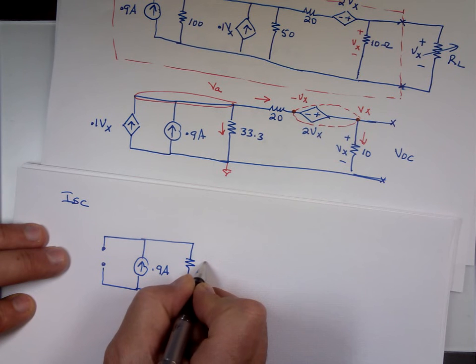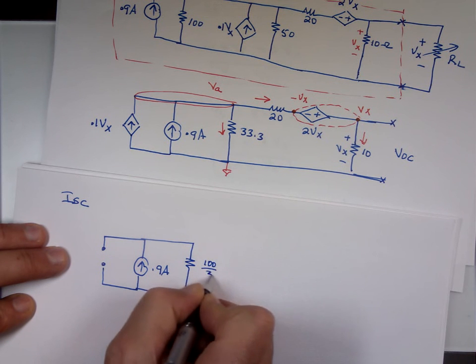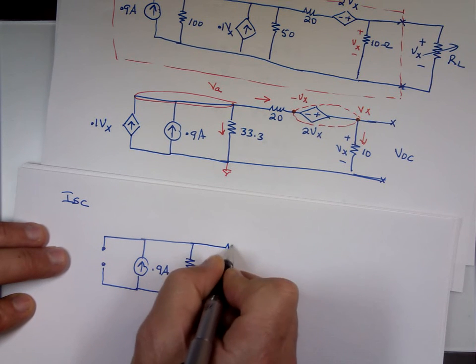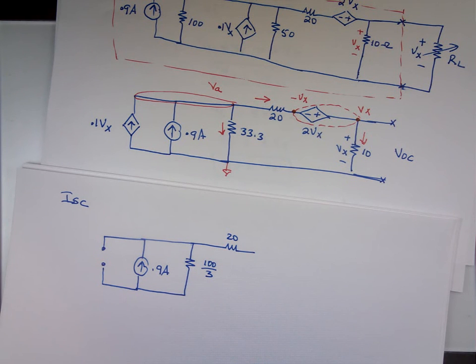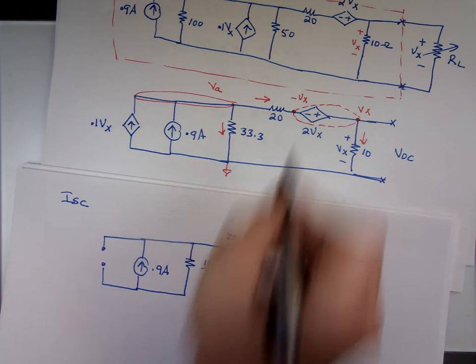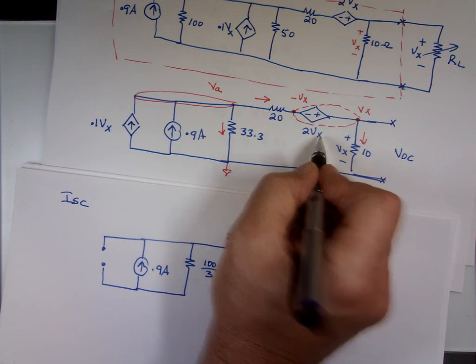Does that mean that 0.1 Vx is 0, gone? Does that voltage source become a short circuit? Notice that's 2 times 0. That's a short circuit, yes. That's gone too.